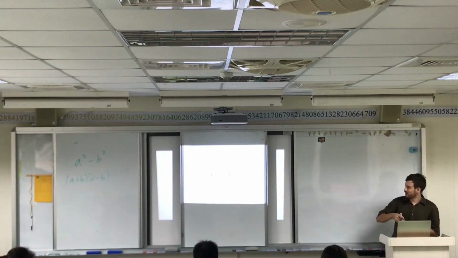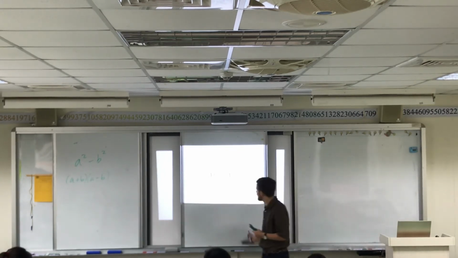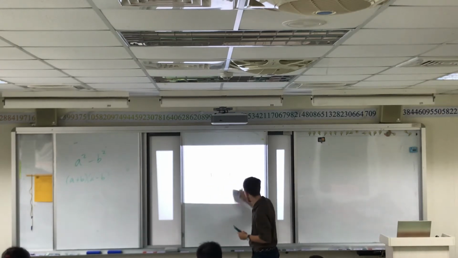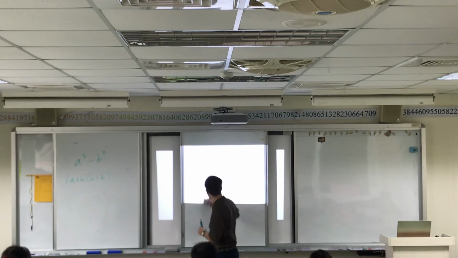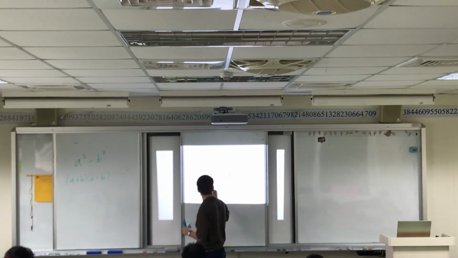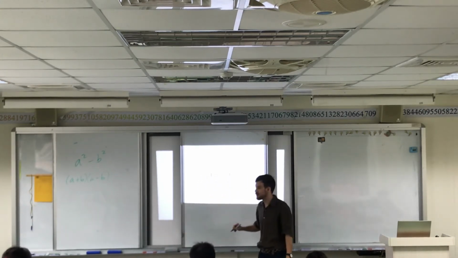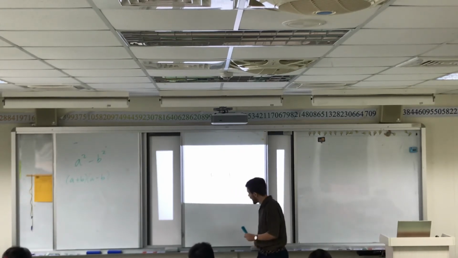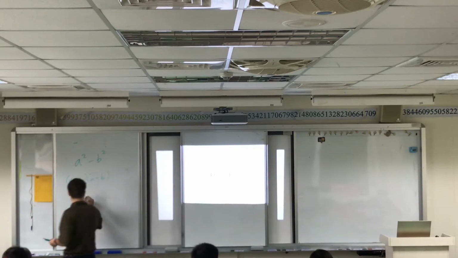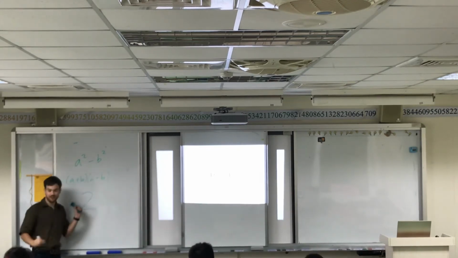How about a slightly harder one, Sharon? Z minus 1? 2z plus 1. Students, my handwriting is not very good, as you probably know. So this is my 2, right?